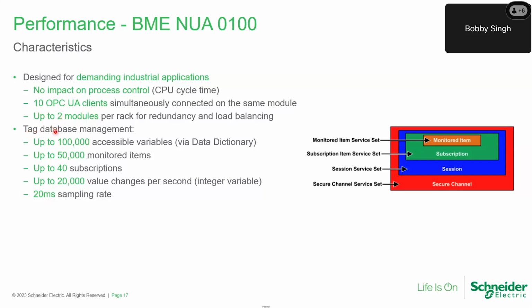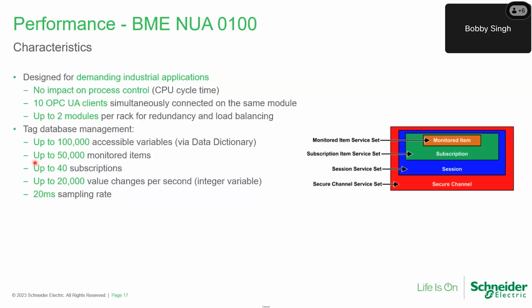As far as the tag database management goes, you can access up to 100,000 variables over the data dictionary from the NUA module. Dave's going to go into more detail later on when he's covering the new OPC UA client function blocks on what monitored items and subscriptions are, because these are part of the OPC UA server and client setup.